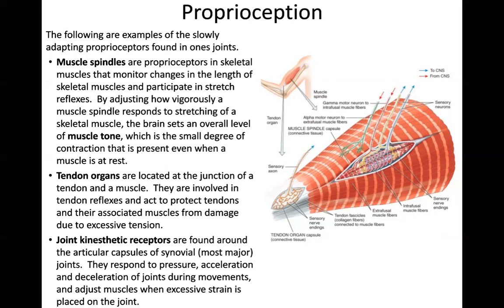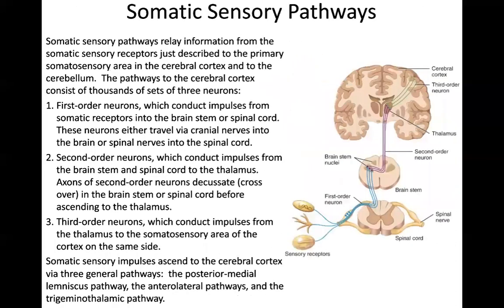I only included the illustration here because it shows a set of tendon organs at the tendon of this muscle. Surrounding our muscle fibers, you can see some sensory muscle spindle fibers.